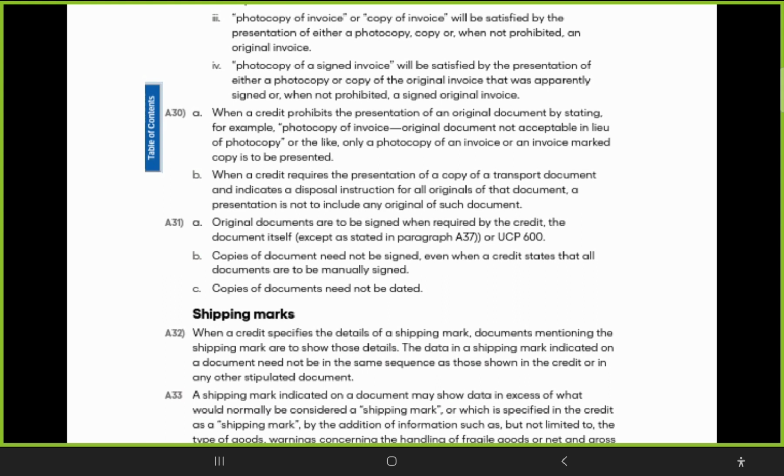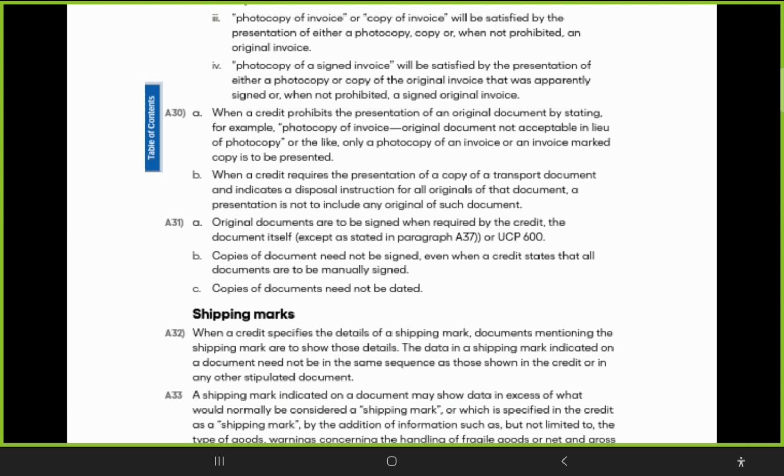Now we know all the originals are with the applicant. If one original is presented to the bank, what does this mean? It is contradicting, right? It means that they are not submitting all the originals to the applicant. So it is directly contradicting with this disposal instruction. So it will become a discrepancy on its own. So in that case, we will only accept a copy transport document, but not originals.